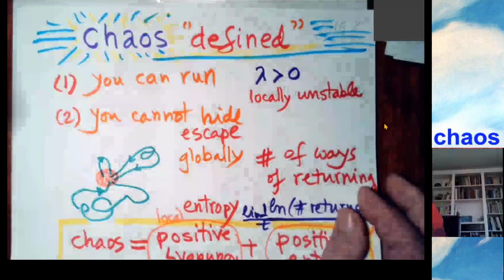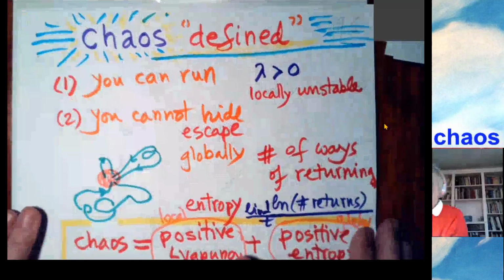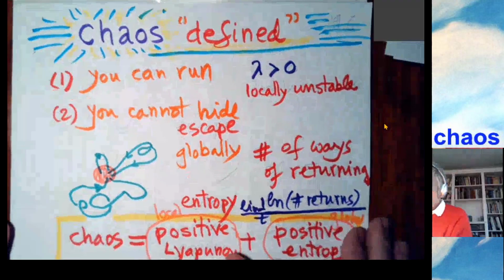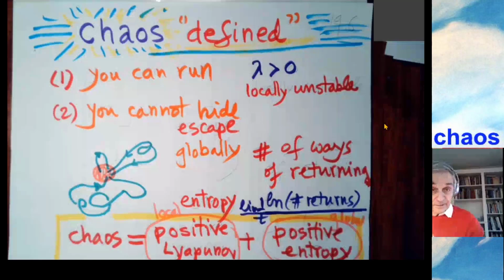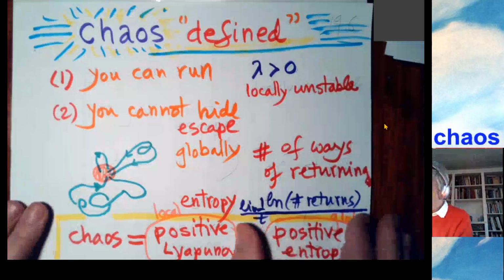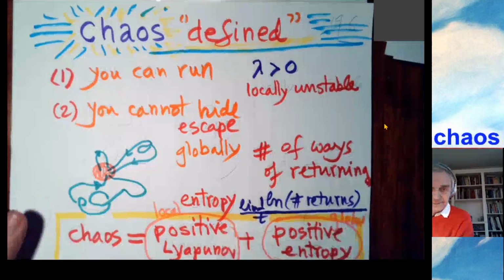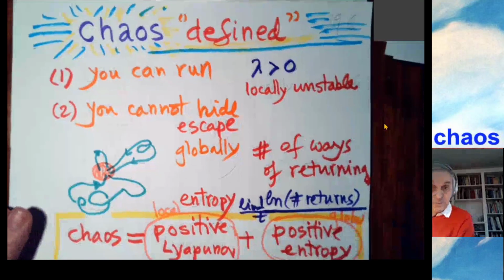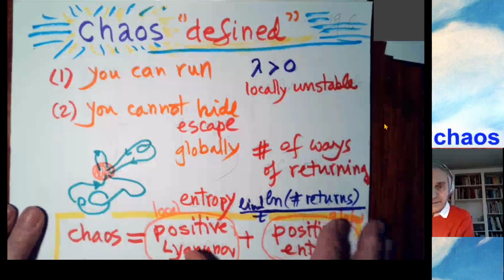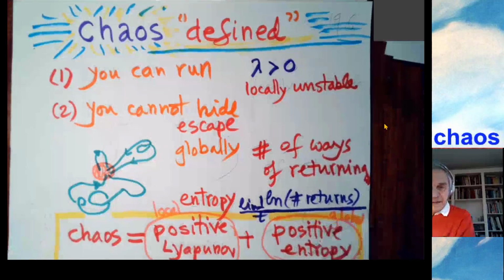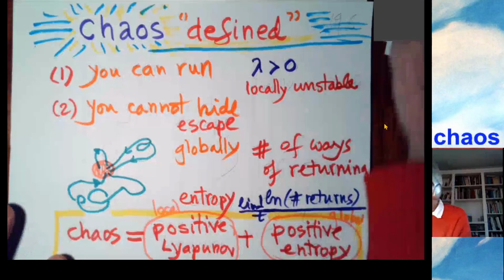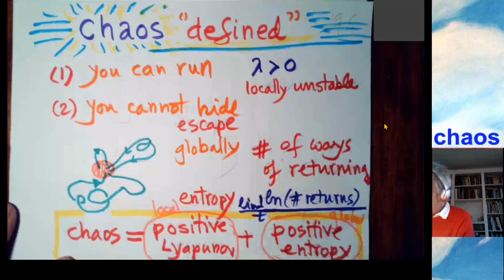And you should remember the definition of chaos. First you can run away. That's measured by the logarithm of an eigenvalue, stability in that direction, a rate of how fast you run away. But in dynamical systems, you cannot escape because you cannot have infinite energy or something to run away, so you keep coming back.